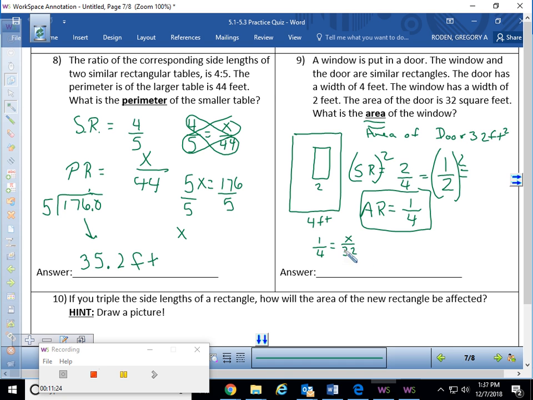Cross multiplying, we get 1 times 32 and 4x, so we get 4x equals 32, and then we just divide both sides by 4, and we get 32 divided by 4. That equals 8. We want the area, so it's 8 square feet. That was a fun problem.